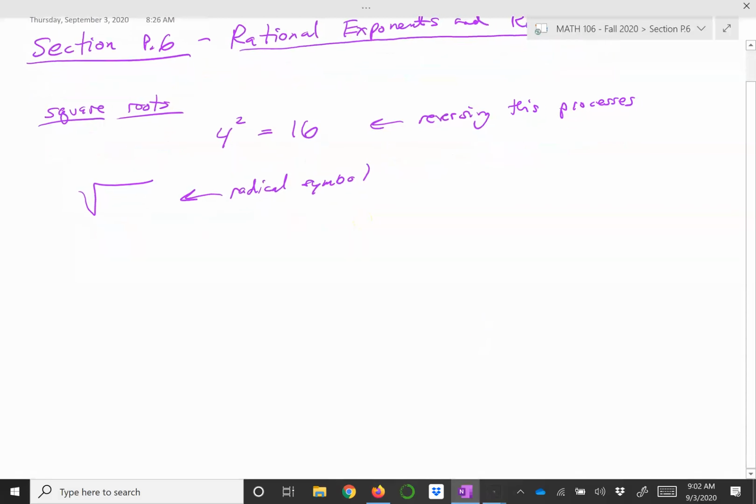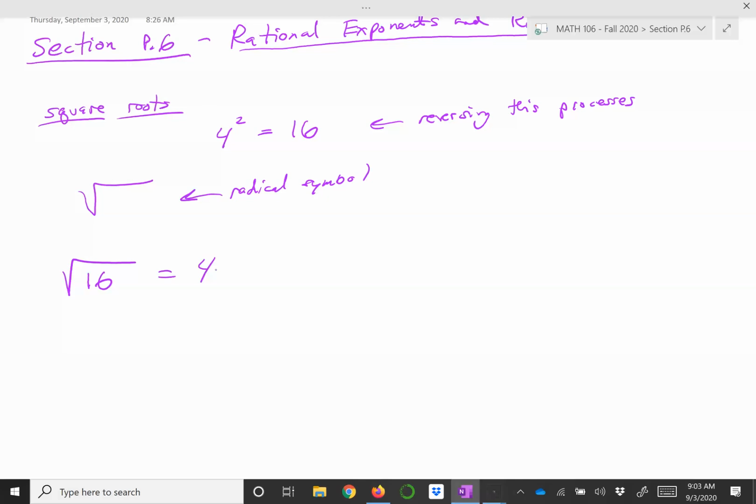So if you wanted to reverse the process of 4 squared equals 16, you would do this: square root of 16, and then we would say that was 4. Now, does anyone know an issue with what I just did? Is the only answer to what I just did 4?